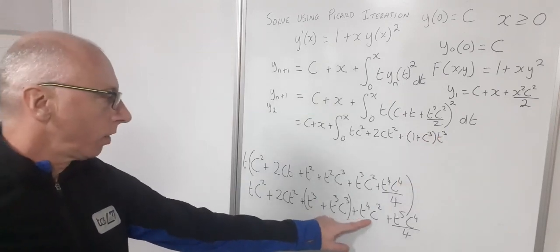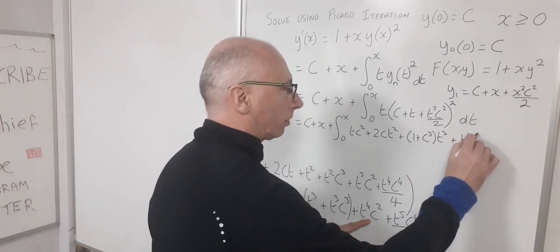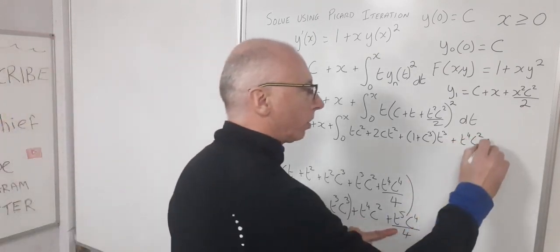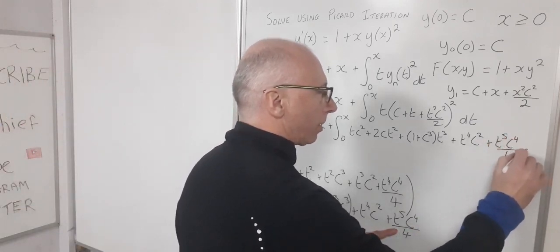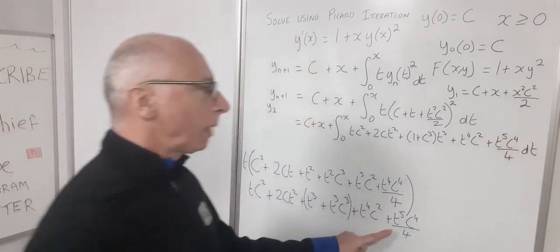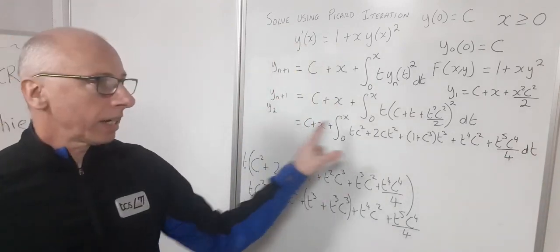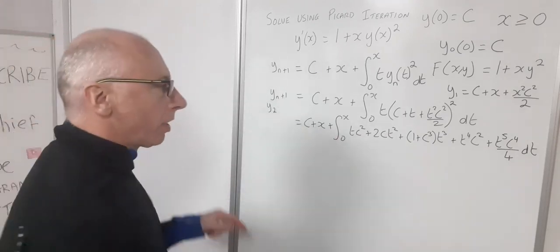Now my t to the 4, I've got t to the 4 c squared plus t to the 5 c to the 4 over 4, and that's integrated with respect to t. Okay, let's take this off the board here, as now I've got my integral in place. Okay, now we're ready to integrate.